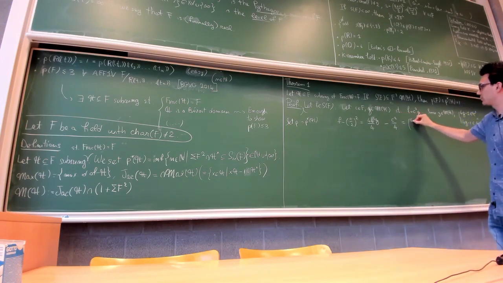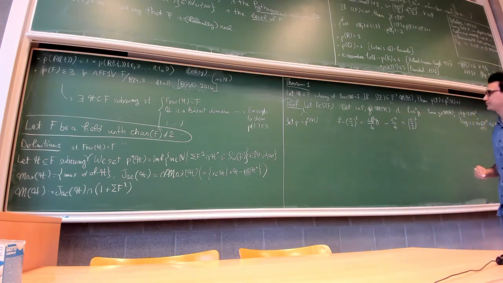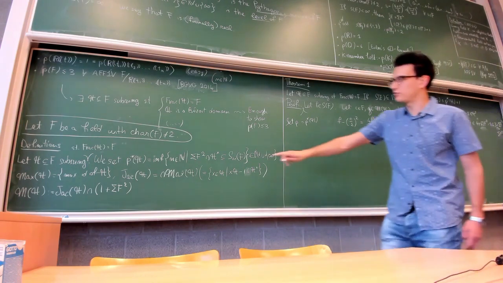So I can collect this one and obtain this equality, right? But so this is a square times an element which is a sum of squares and invertible in H.